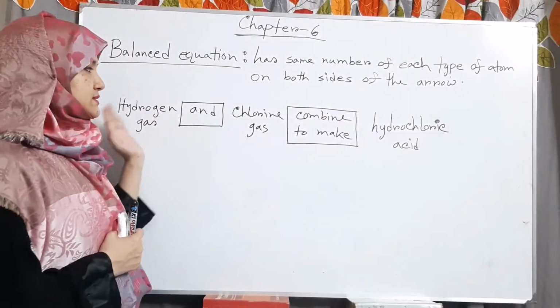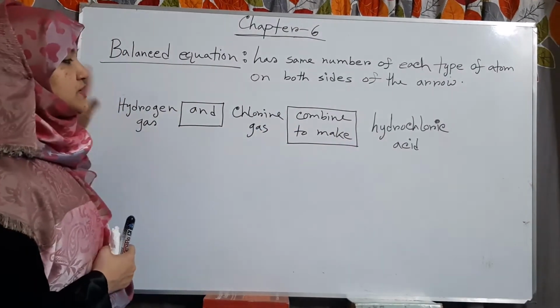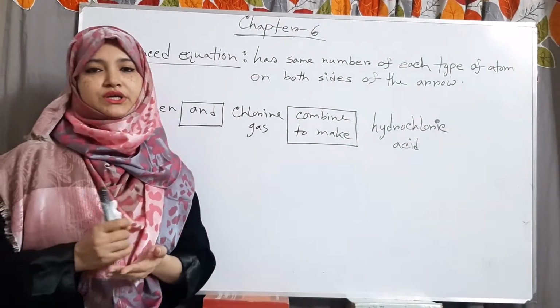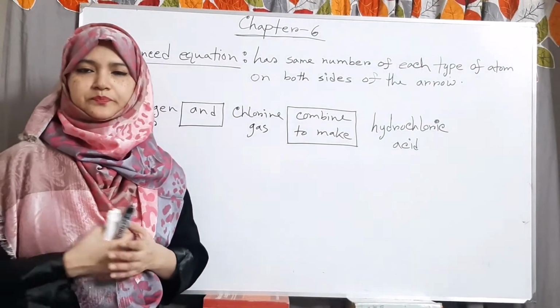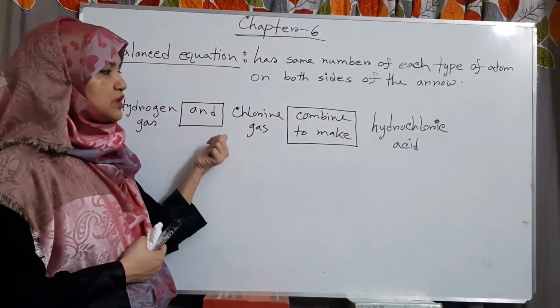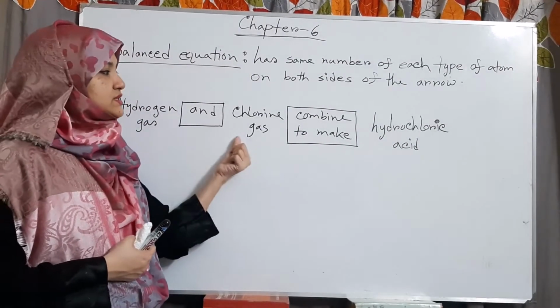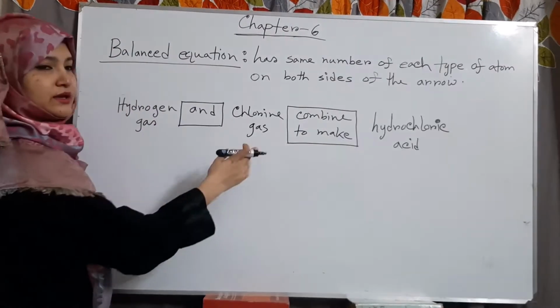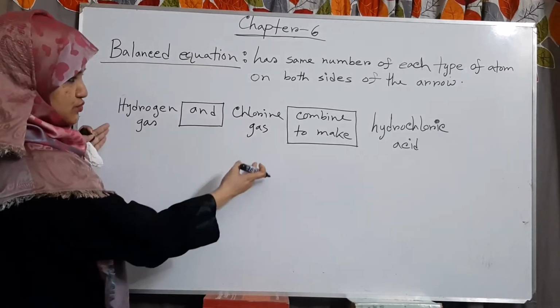These types of sentence presentation are called word equation of the chemical reaction. And we can use this word equation to write any chemical equation. Let's try to write the chemical equation from this word equation.